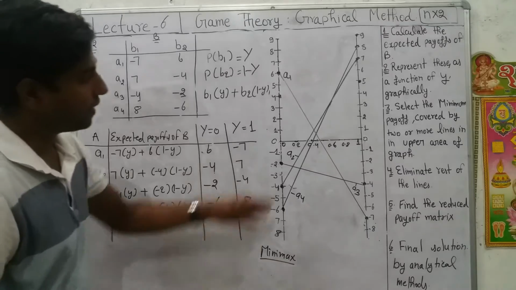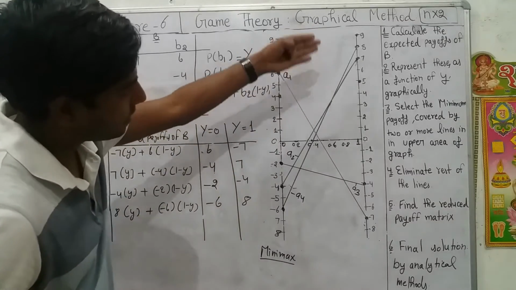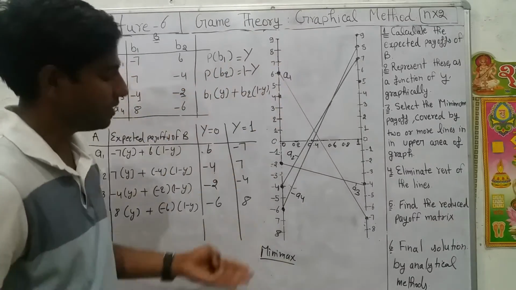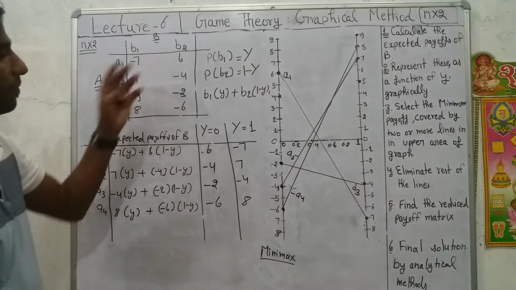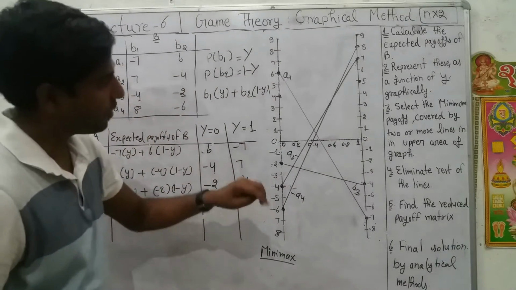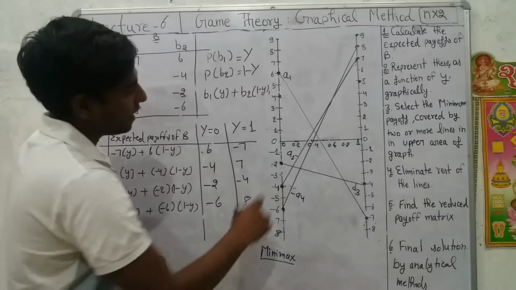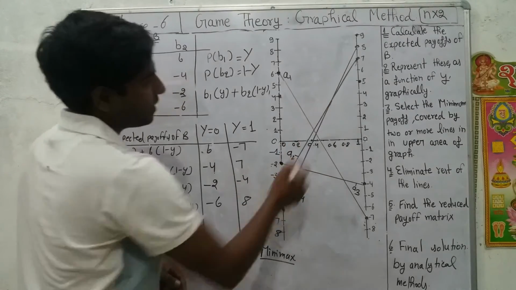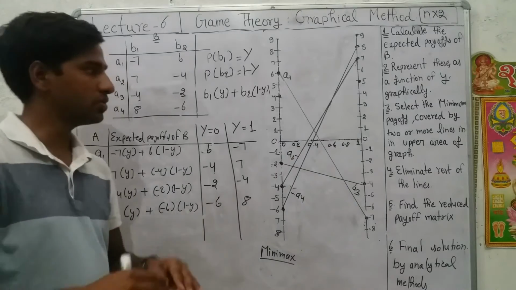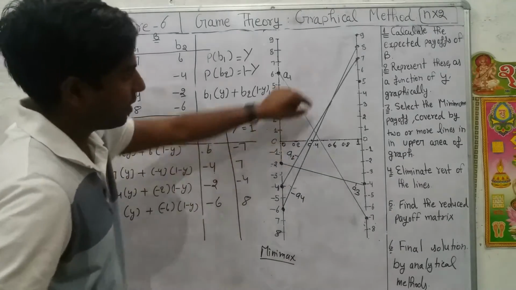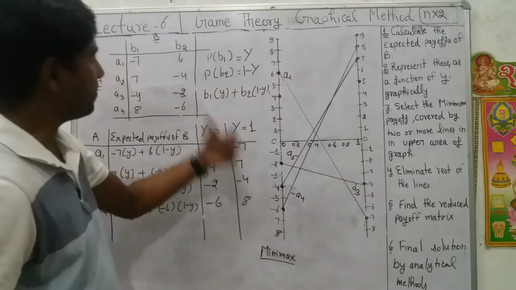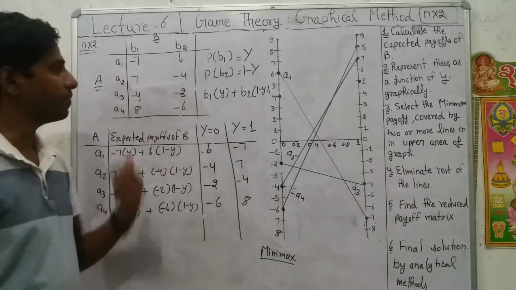So in this table we need to find the maximum payoffs for company B. The maximum payoffs would be represented in the upper graph. The area formed by the intersection of two or more lines would represent the maximum values or maximum payoffs for company B.